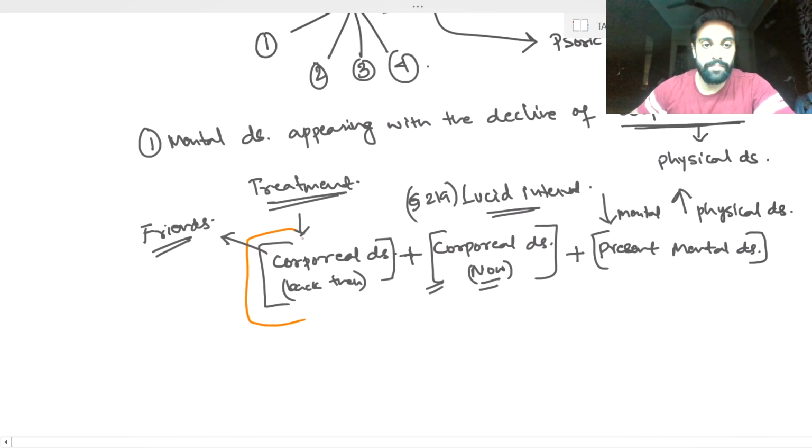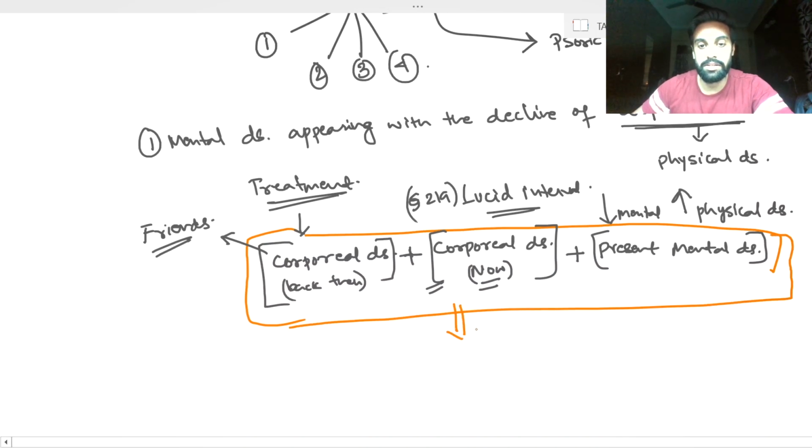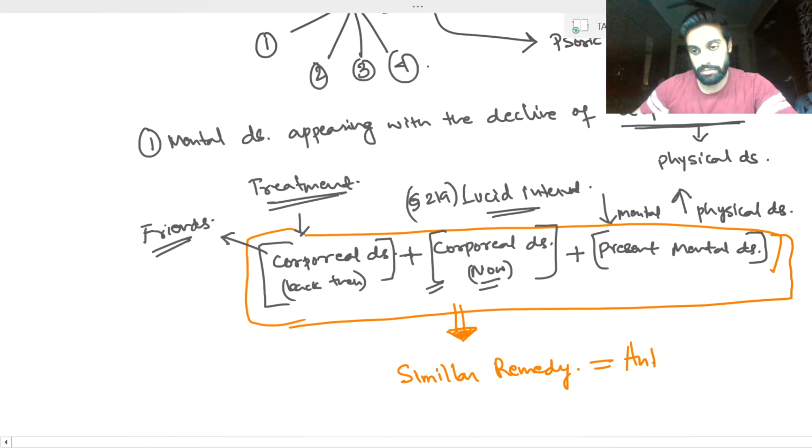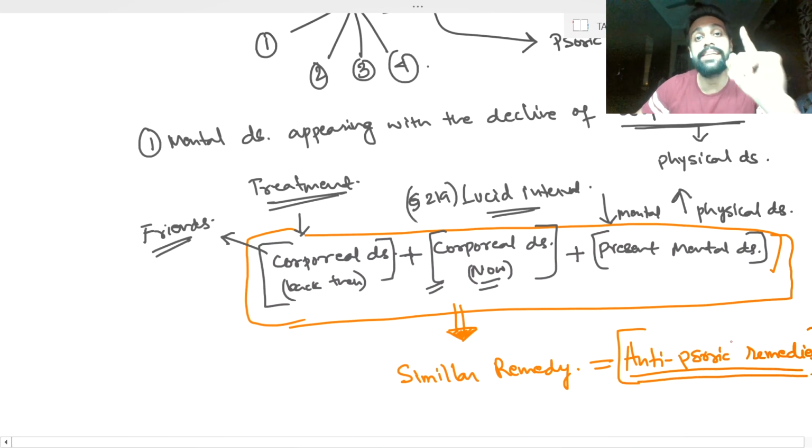All of this together will form your totality of symptoms, and you have to give a similar remedy to these. You have to select a similar medicine from where? From the group of anti-psoric medicines. So the treatment of the first type of mental disease is anti-psoric remedies.